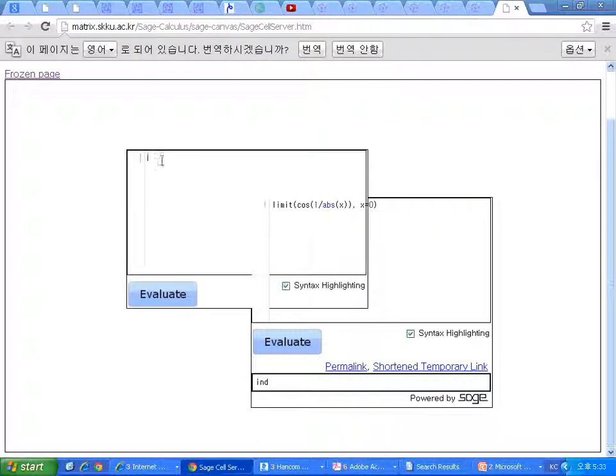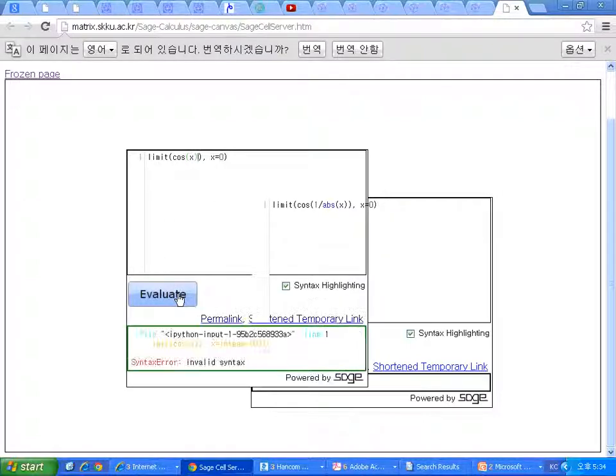We can do the same thing with a different function, cosine x here, like this. Cosine x function. Then we want to find the limit when x is equal to 1. Then limit of cosine x.